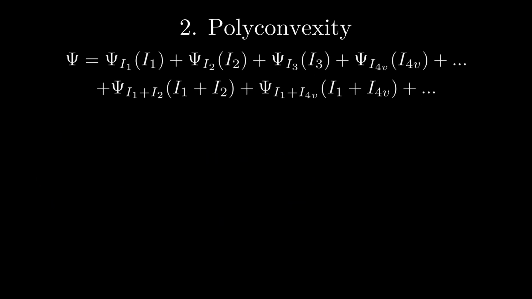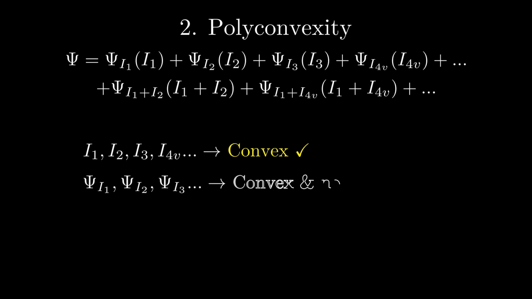In our case, we need these invariants to be convex functions of their arguments, and the components of strain energy to be convex and non-decreasing. Luckily, the first part of this is already proven to be true. But how to guarantee the second part? Spoiler alert, that is where we use neural ODEs.